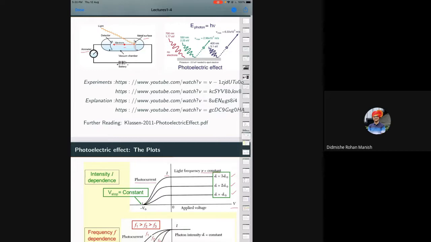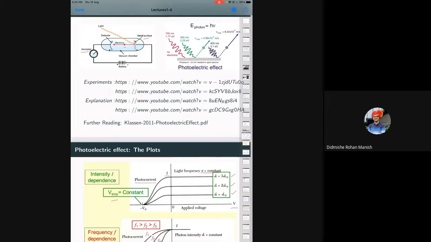So what is our observation? Before I talk about the observation, let me tell you what V stop is. When the detector is positive, then it will collect any and all electrons that are emitted by the metal surface.